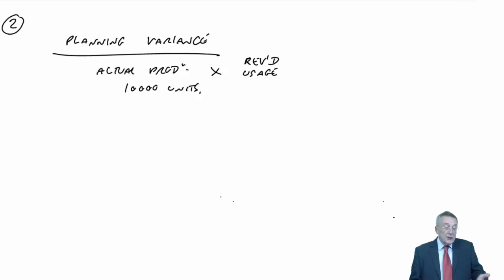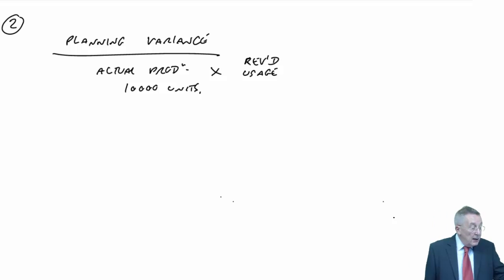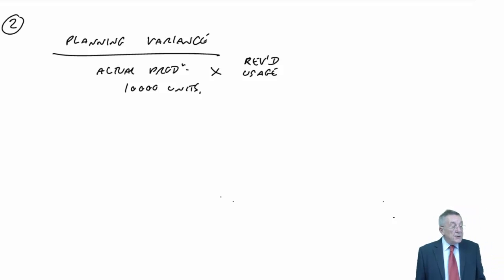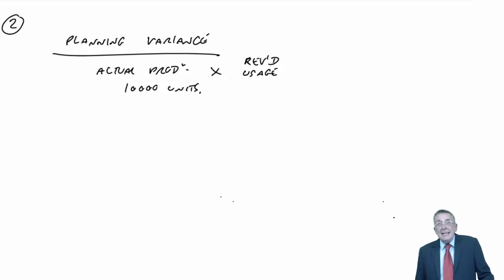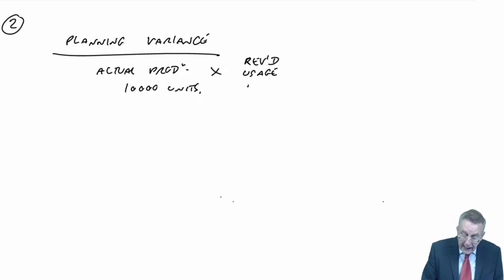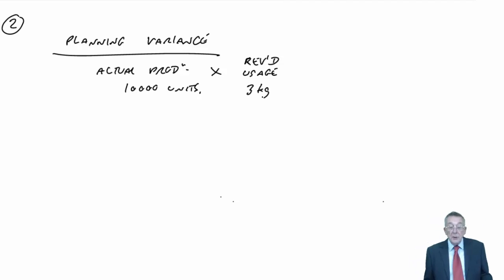Well, again, although I'm writing it generally here, in your sort of question, it'd be like this one. The standard usage was 3 kilos a unit. There's nothing to tell us that that needed changing. And so we still expect, I'm not saying what we actually use, we still expect to use 3 kilos.